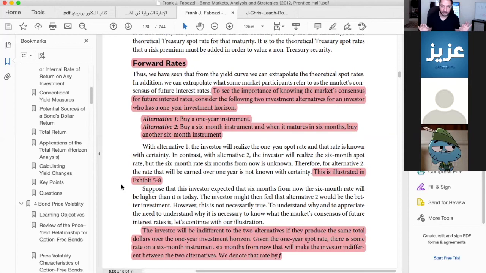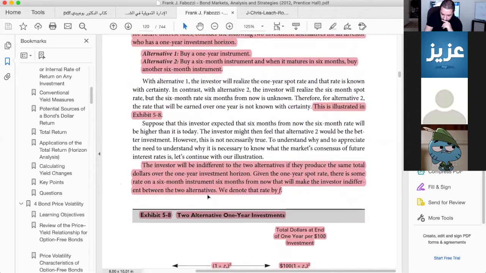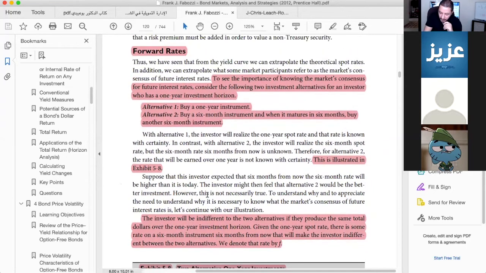Sorry, Doctor, what's the link between the arbitrage and this again? You said there is an opportunity in arbitrage. What is the opportunity? Right.